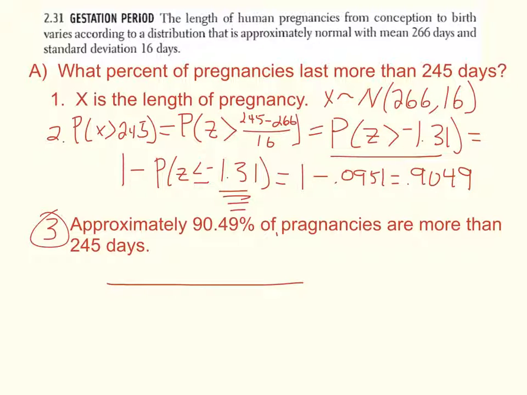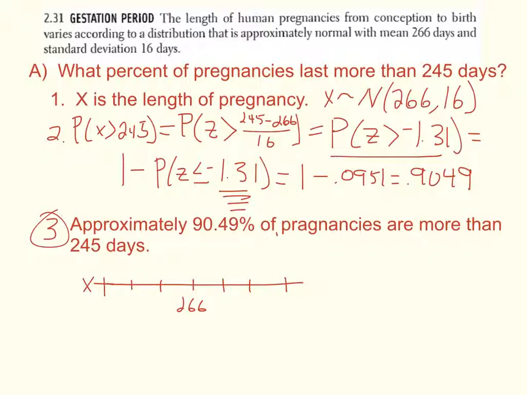There's our horizontal axis. I'm going to label that X. The mean is 266. Now, a shortcut to making your normal bell curve is to count by intervals that represent 1 standard deviation.